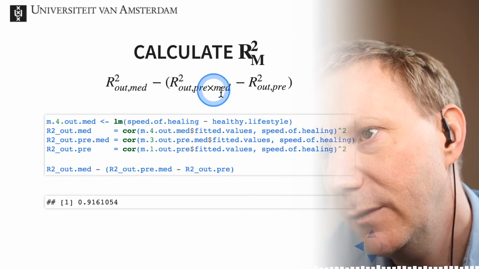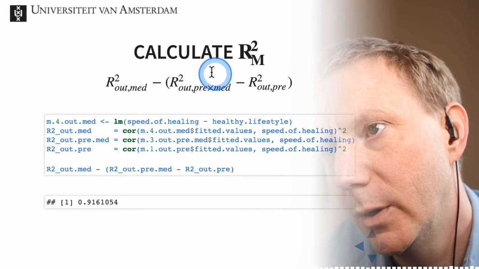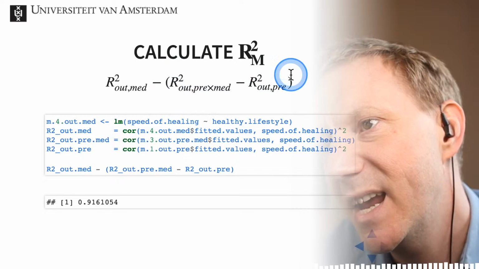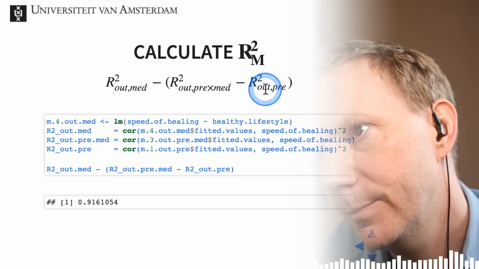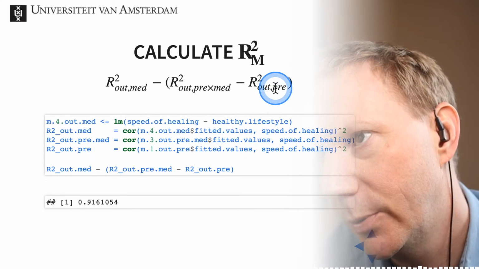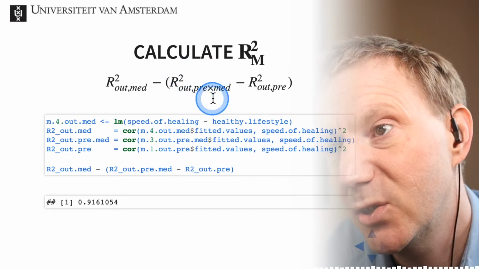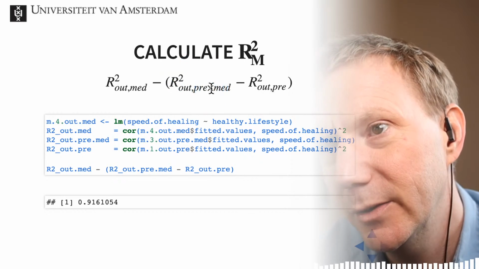You can look at the difference between how much variance is explained by the multiple regression and taking out the explained variance part of the predictor with the outcome. Then you're left with a certain amount of explained variance.